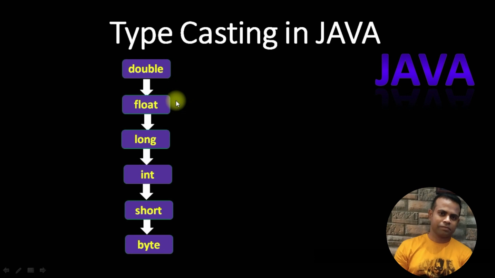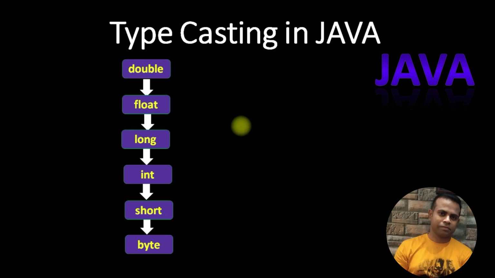Here the compiler will not automatically convert it; the programmer has to write their casting logic. This is explicit typecasting. But if we change the arrow direction, it will work as implicit typecasting.